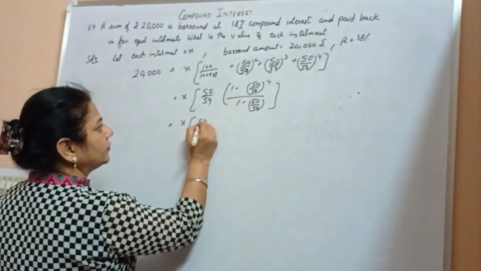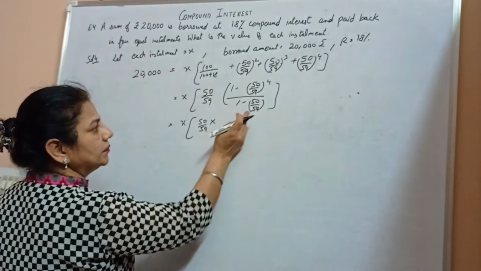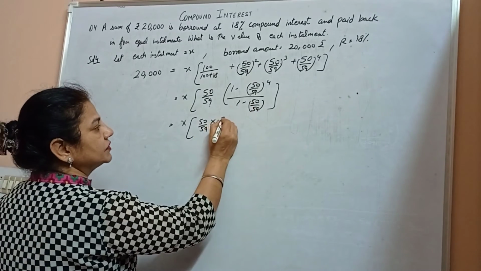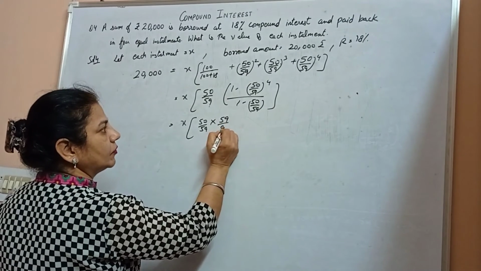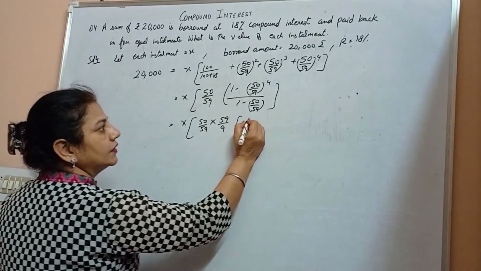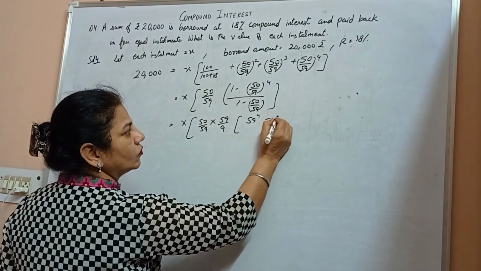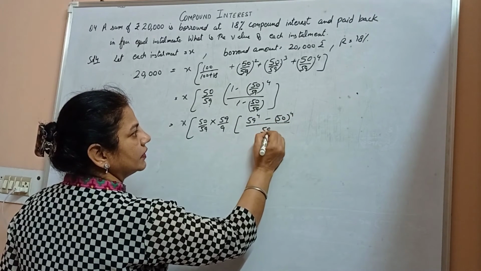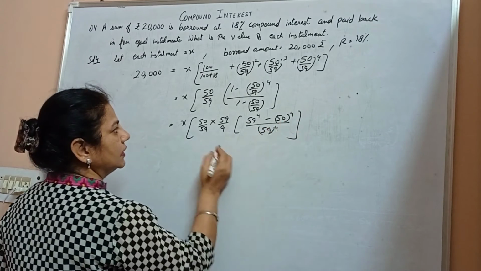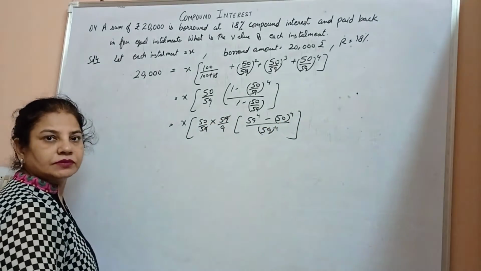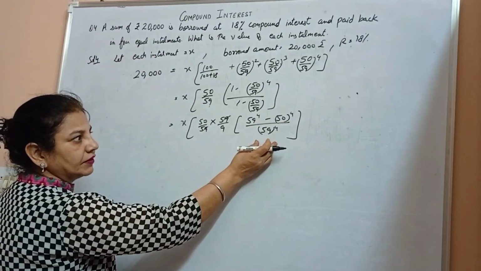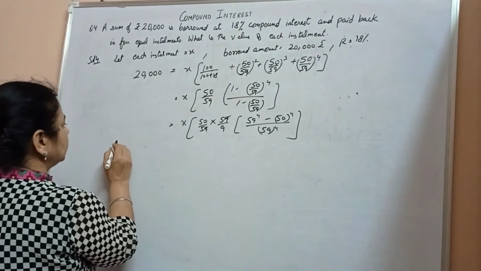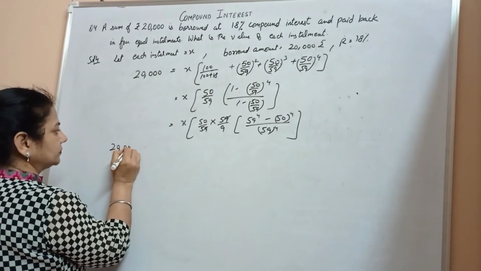Taking the LCM, 59 minus 50 is 9 upon 59, which gives the reciprocal 59 upon 9. Here you get 59 to the power 4 minus 50 whole to the power 4 upon 59 to the power 4. This 59 and this 59 cancel out. And here 59 to the power 4 is multiplied to the right hand side. We multiply by 20,000.